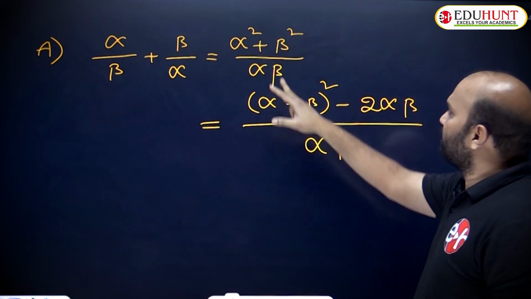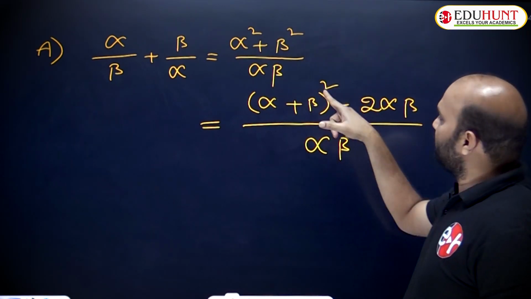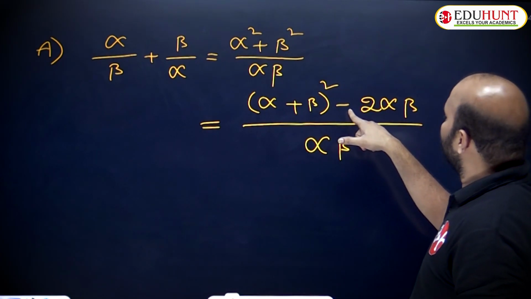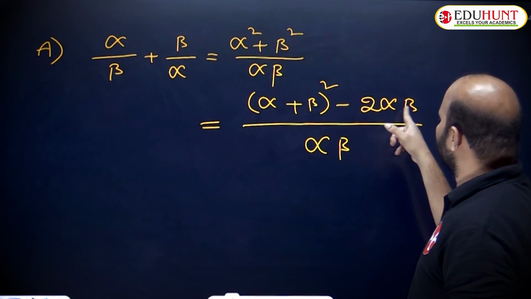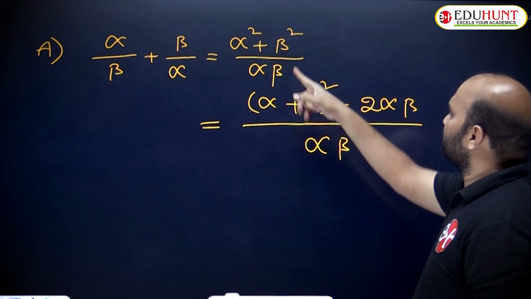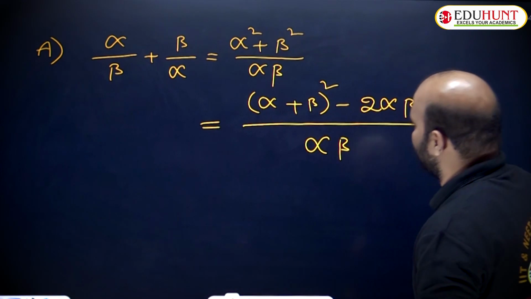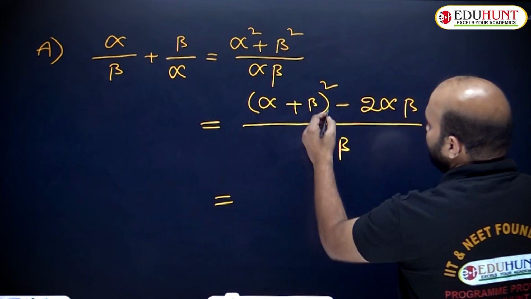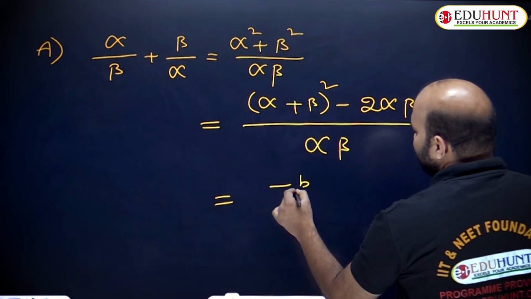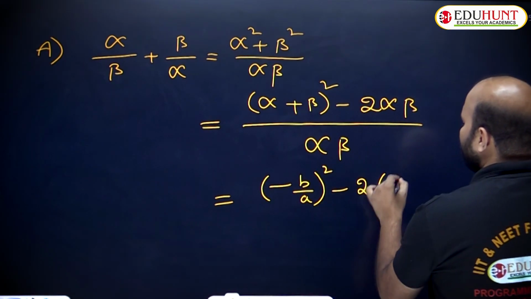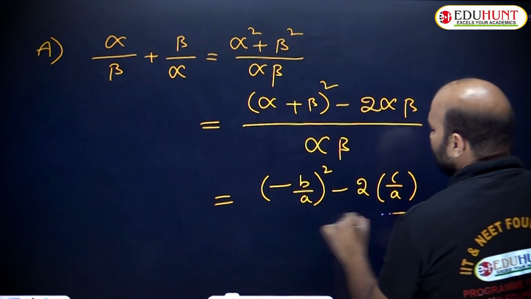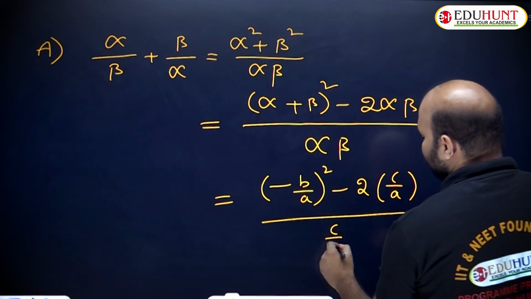The expansion is alpha square plus beta square plus 2 alpha beta, which must be cancelled. That is why I take minus 2 alpha beta, so plus 2 alpha beta and minus 2 alpha beta cancel, and alpha square plus beta square is left. Already, alpha plus beta is minus b by a, whole square, minus 2 into alpha into beta, c by a, whole by alpha into beta, c by a.